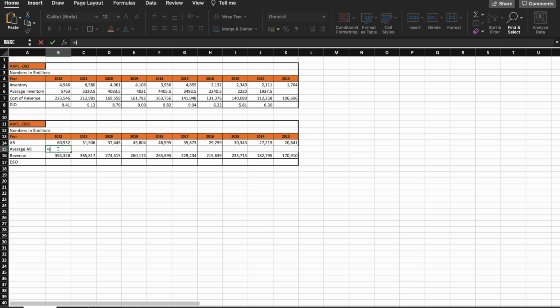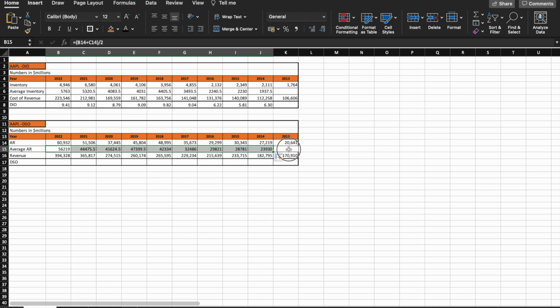You just have to take the amount of this year and the prior year and divide it by 2. And you can just drag and drop the numbers over. Obviously we can't use the last number because, as you can see, we have no data for 2012, so this number is not really useful for us.